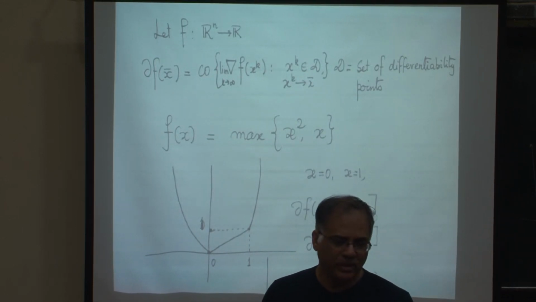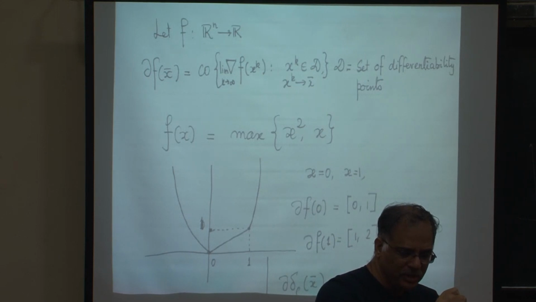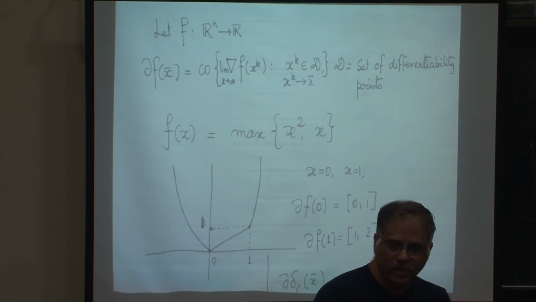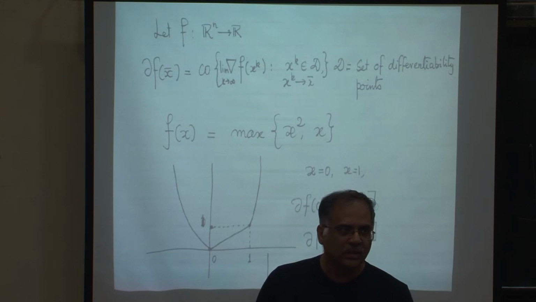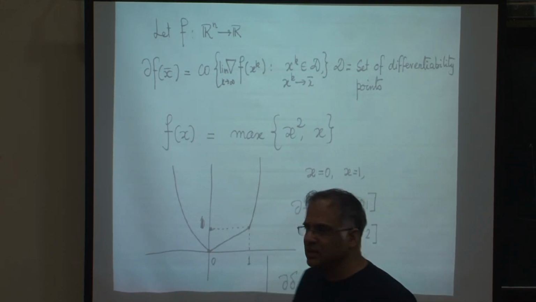So given a point, I can always find a sequence of points at which the convex function is differentiable, and which converges to this point. You can find many paths converging to that point.